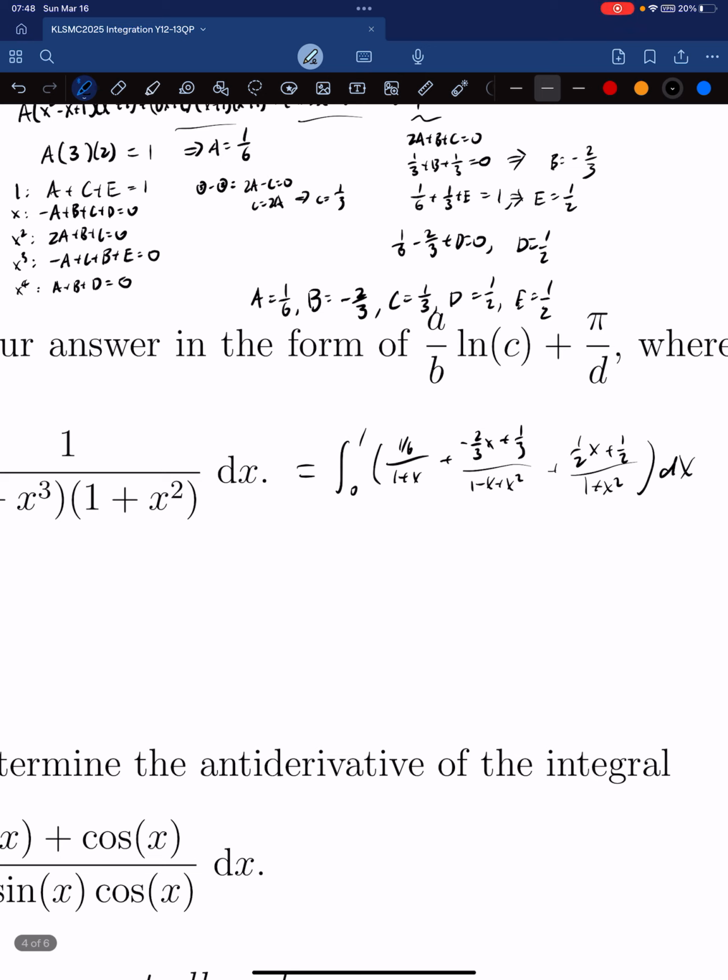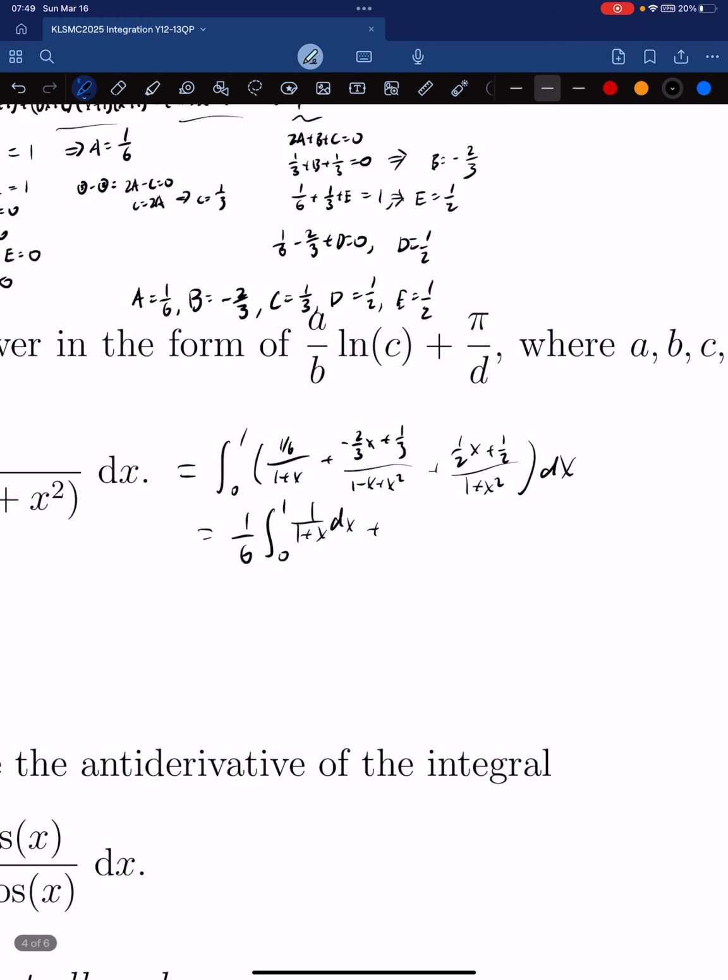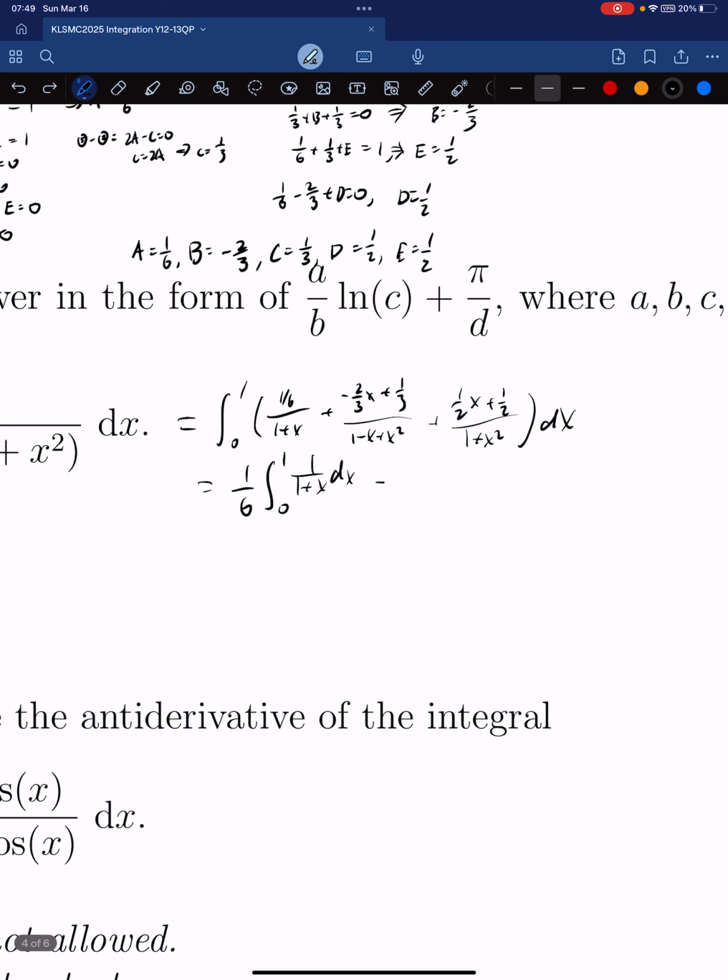Right, so let's simplify this a bit. So this equals 1 over 6 for our function, plus negative 1 over 3.